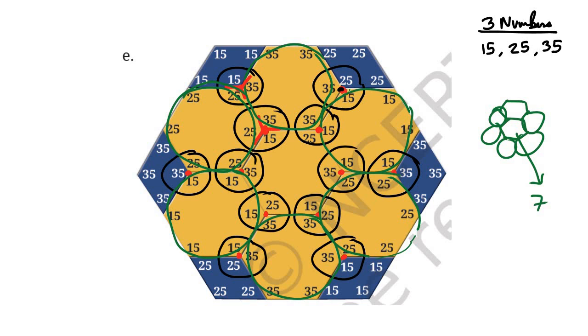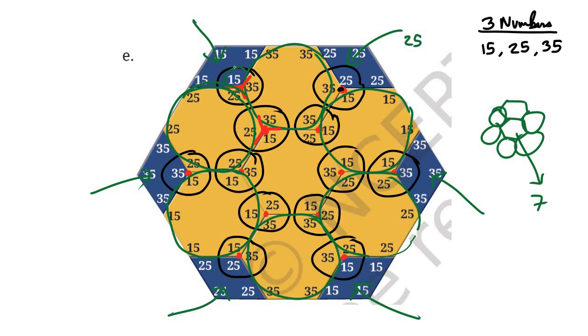And regarding the parallelograms on the outer sides, I am talking about these ones. Again, they are quite easy to understand. How? On the outer side of this junction, if there is a number 25, then all the numbers of this parallelogram will be 25.